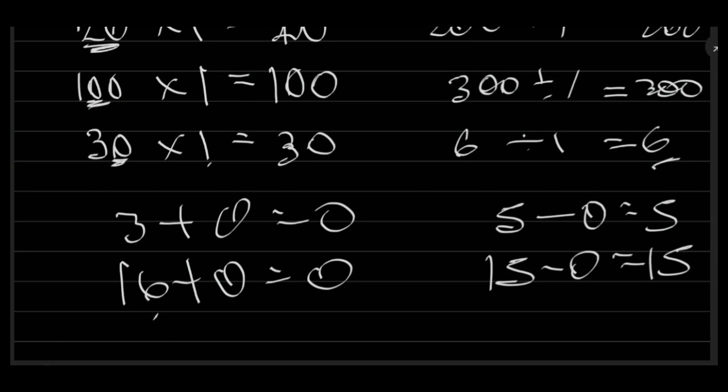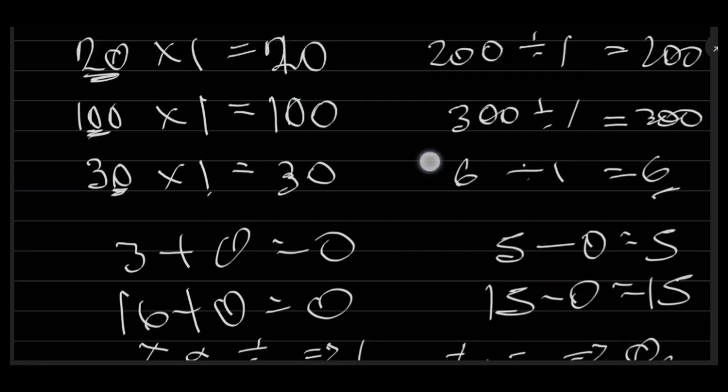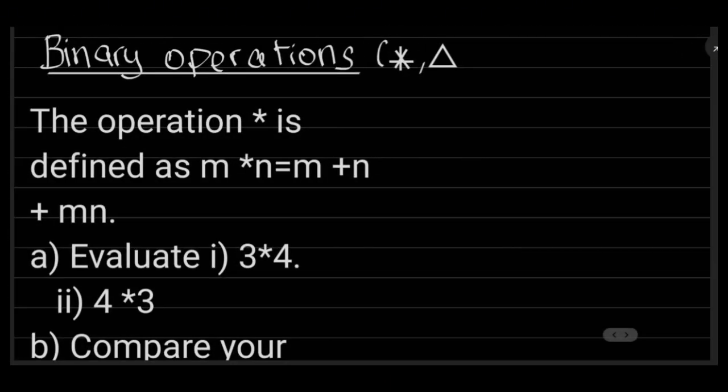So for multiplication and division, the identity property is 1, and for addition and subtraction, the identity property is 0. So that is that.